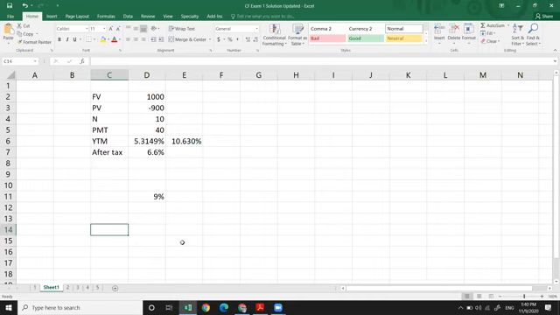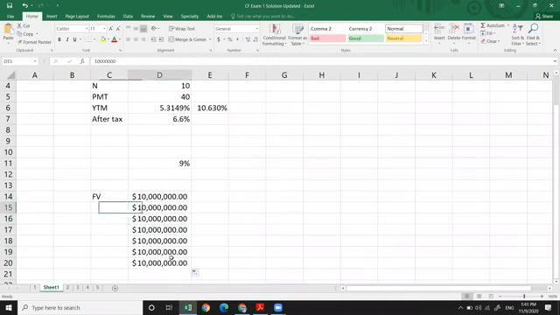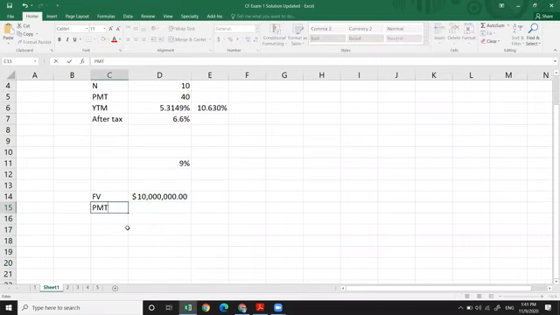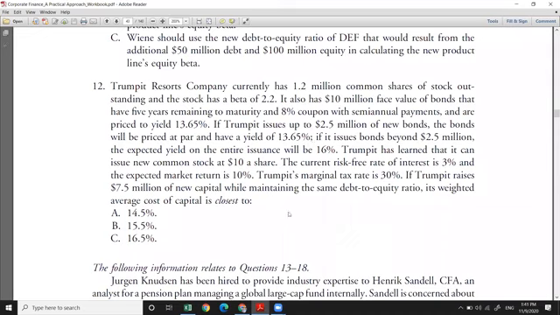The market value of the debt: face value is equal to 10 million. Then the payment, we need to calculate.